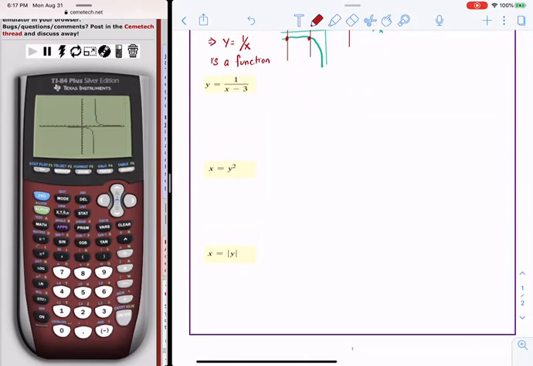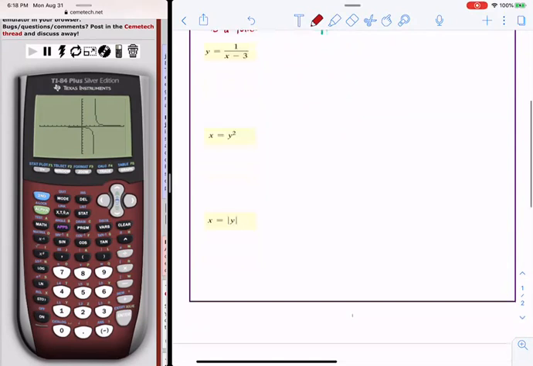So it pretty much is the same curve, but it is shifted to the right by 3 units.